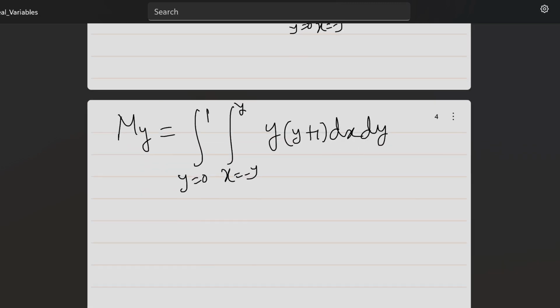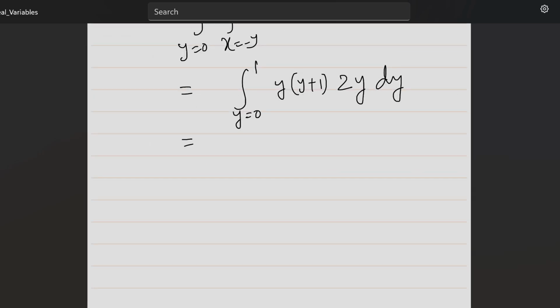So it is nothing but y into y plus 1 into 2y, right? Because the integration is of x only, so this is 2y. So this integral is, 2 will come outside, y cube plus y square.